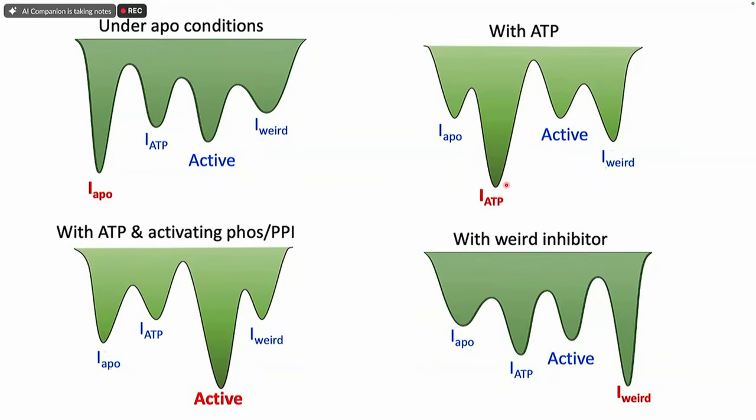If I phosphorylate the activation loop, that's how many kinases are activated, or other proteins come and interact with the kinase, and that activates it, now the active structure is the lowest in free energy, and that's the structure that you're going to see. You might also add some weird class of inhibitors, and they stabilize yet a fourth conformation that we're going to call I-weird for weird inhibitor.